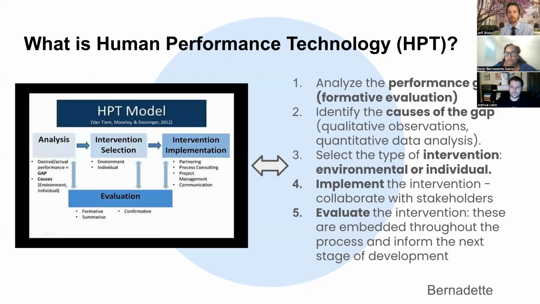This is the behaviorist kind of thing, and some quantitative data they may have gathered to identify the causes of the gap. Once they know what the performance gap is, what's causing it, then they access a myriad of different strategies to come up and create this intervention.